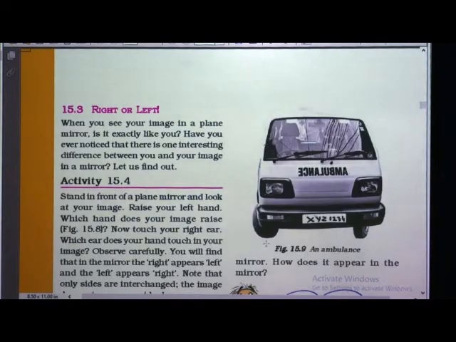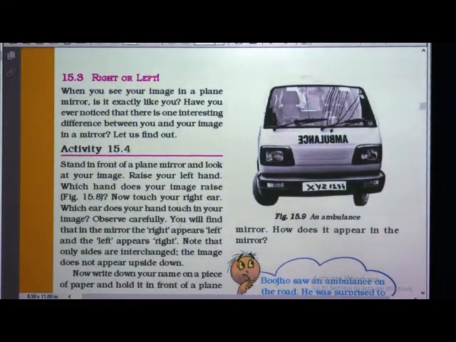Now, the next activity with this plane mirror again: right or left. We learned about 15.3, and we discussed this point, right or left. So what activity is given for this? When you see your image in a plane mirror, it is exactly like you.